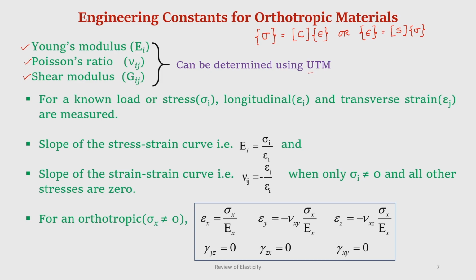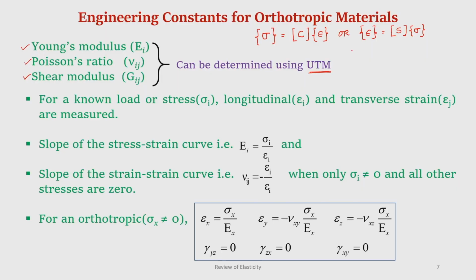For an isotropic material, just by conducting a single experiment we can determine Young's modulus and Poisson's ratio, and the shear modulus can be expressed in terms of them. Similarly, we will see how, for an orthotropic material, the elastic constants can be expressed in terms of engineering constants, which are those that can be measured in the laboratory.